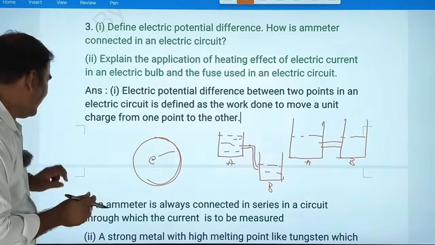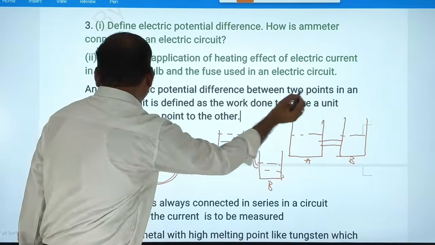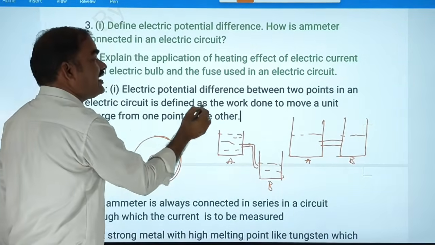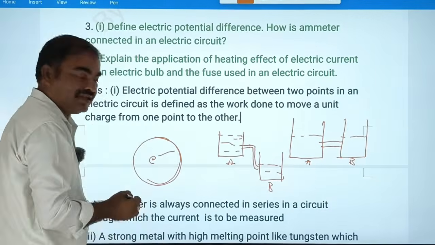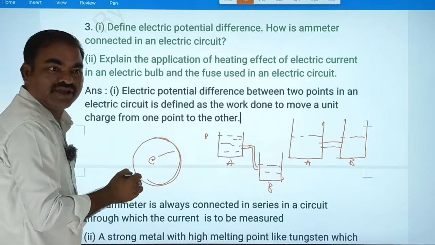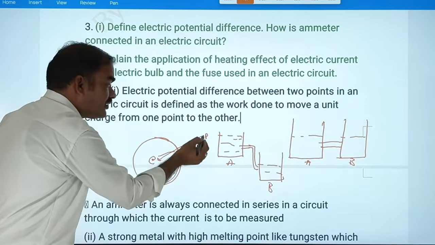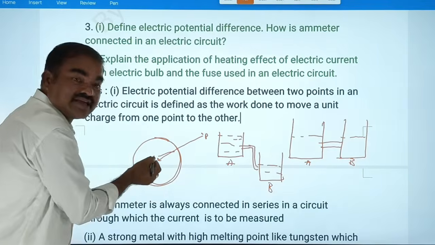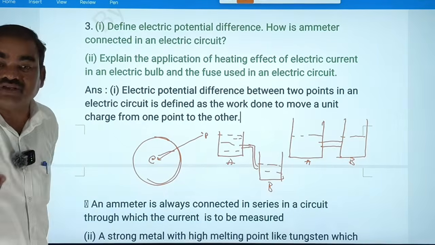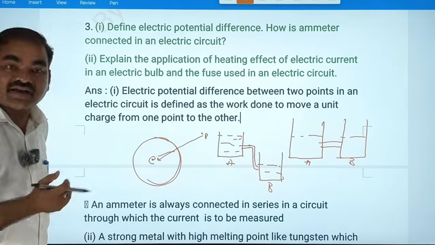So here, the electric potential difference between two points in an electric circuit is defined as the work done. Here we'll take one positive charge and bring it from here to here. Because the electron is negatively charged and this is a proton, we need work done.